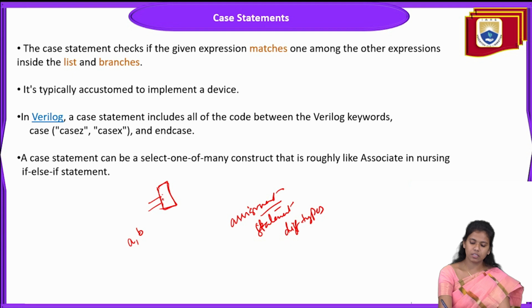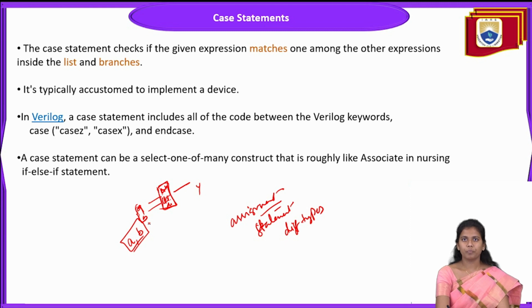If it is a particular combinational circuit, these are my inputs and this is my output. So a, b and y are my variables, and to these variables I want to give some values. Dumping values onto the variables is nothing but the assignment.